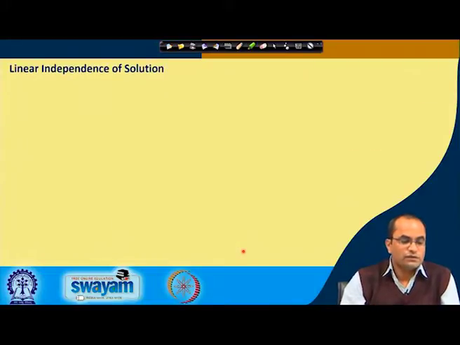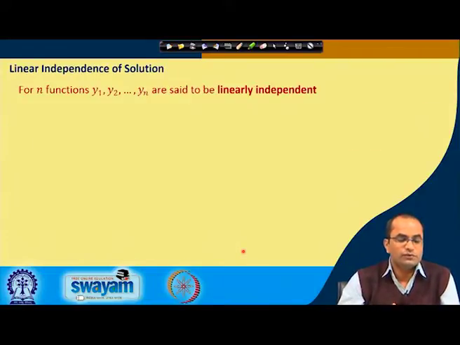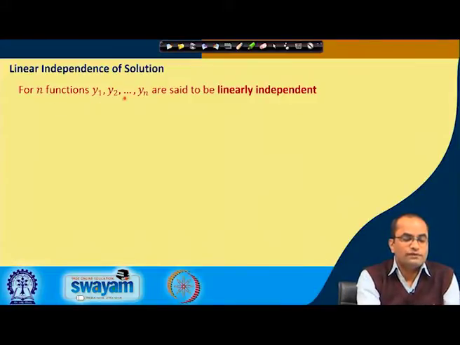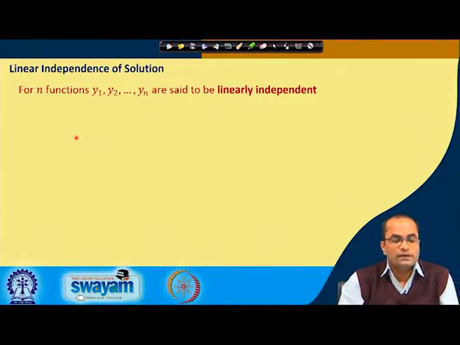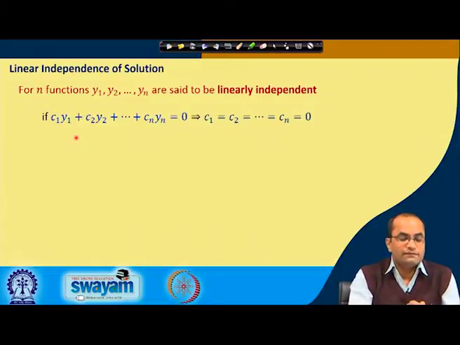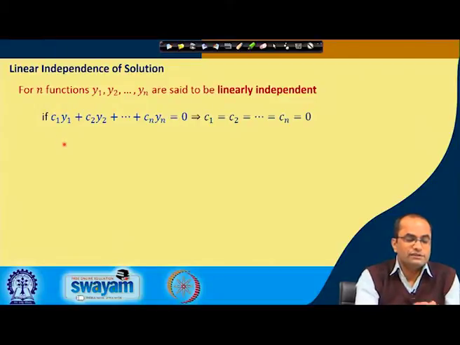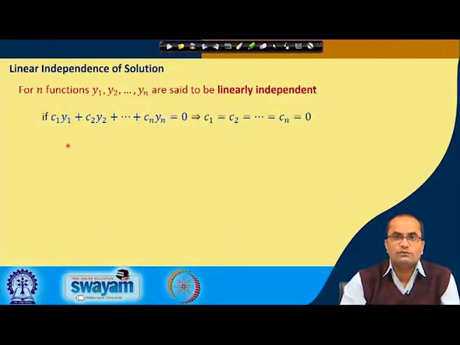Coming to linear independence for many functions, that means for n functions y1, y2, up to yn, we can generalize the definition which we have also used for two functions.